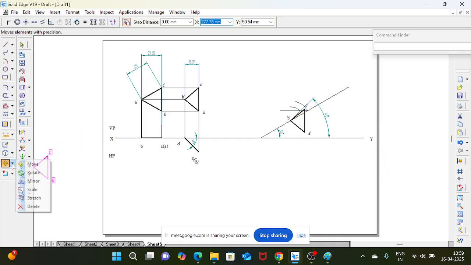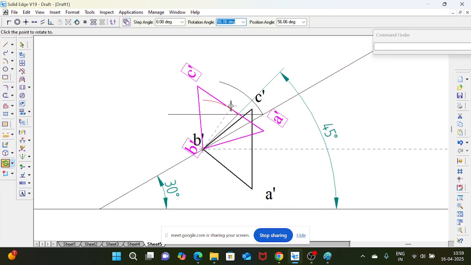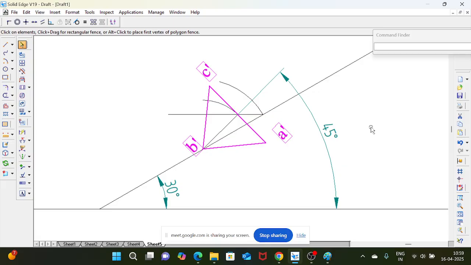Then rotate, with B as the center of rotation. Select the opposite edge midpoint, and that opposite edge midpoint should be placed at the second arc intersecting at the locus point. At that point you have to place. While placing, copy should be off. Like this you have to place.